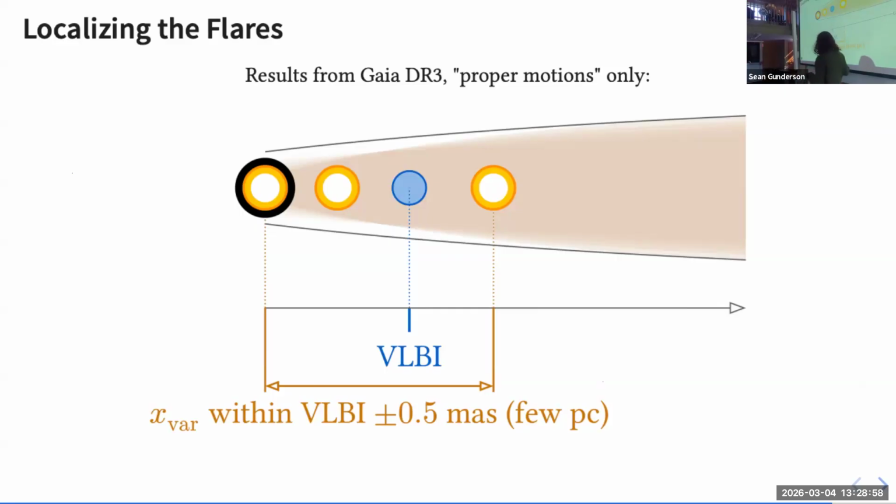And among the few tens of sources that have small uncertainties, I think I selected uncertainties of less than a millisecond, or maybe half a millisecond, all of them fall within plus or minus 0.5 milliarcseconds of the Gaia position.